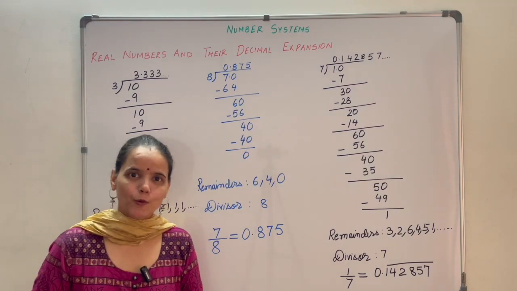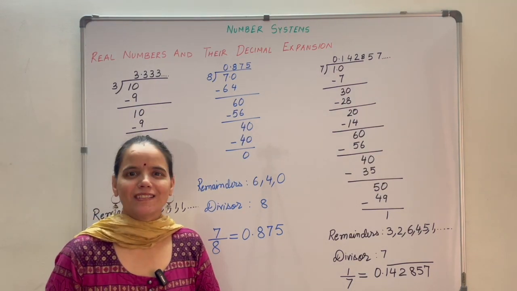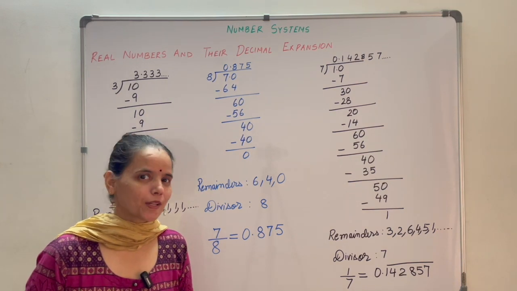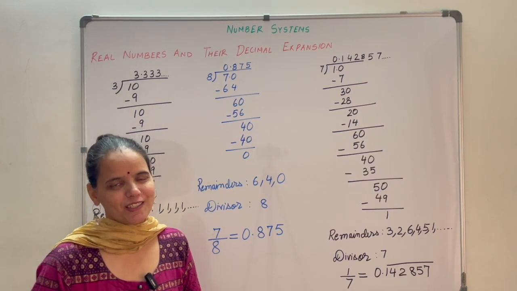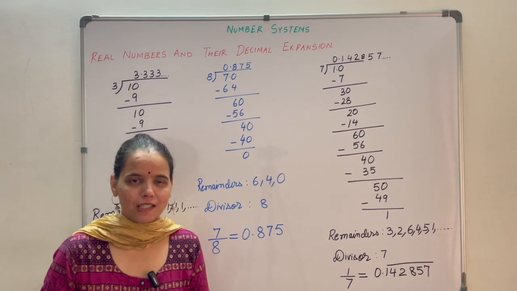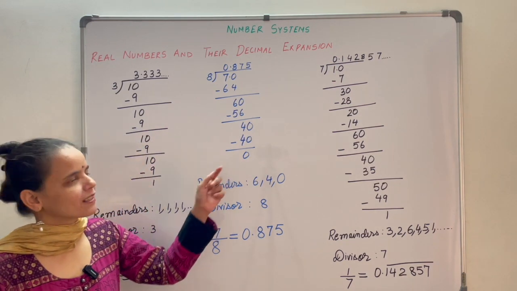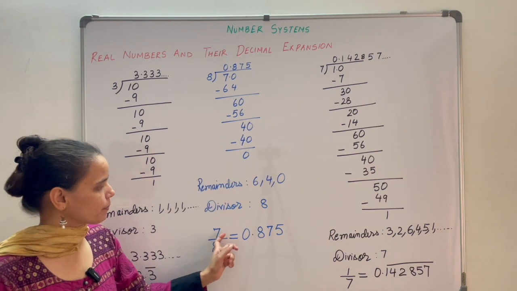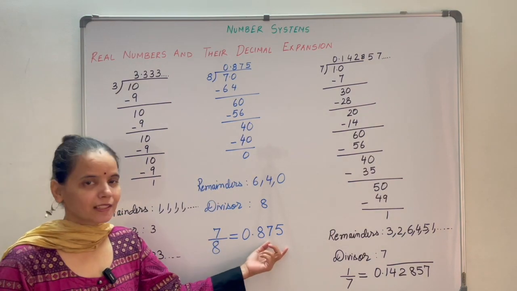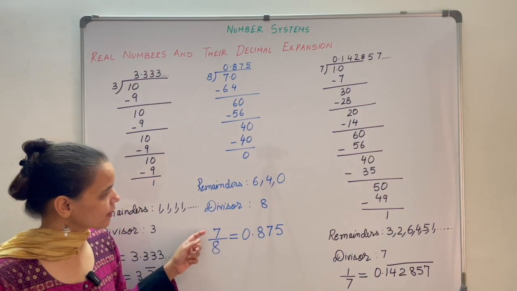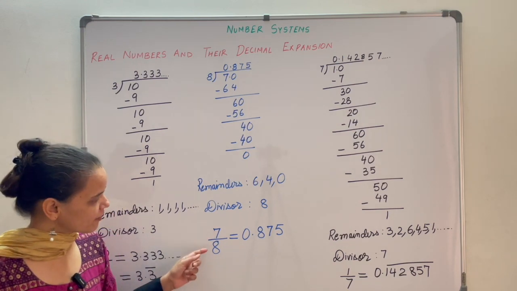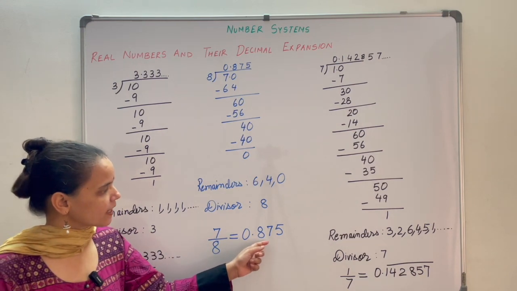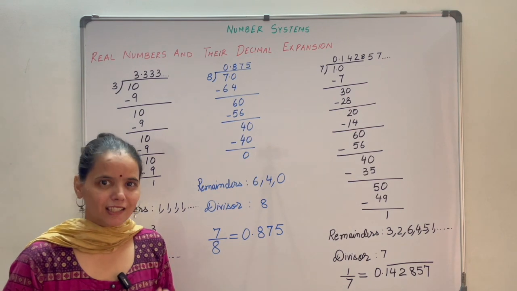Let us now conclude the decimal expansion of rational numbers. You have 2 cases. The first case is when the remainder is 0. When the remainder becomes 0, the decimal expansion of the rational number terminates. Here the decimal expansion of 7 by 8 is 0.875, which is terminating.